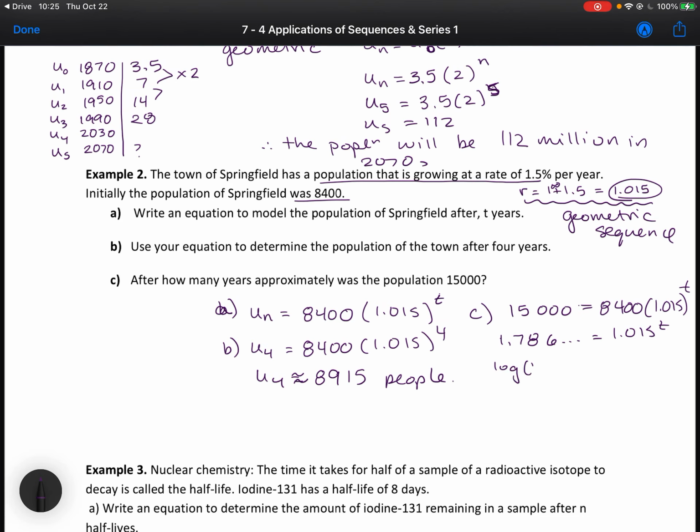Now I'm going to take the log of both sides, which is going to allow me to bring that exponent down in front. So when I divide both sides, the log of my 1.786 number divided by the log of 1.015, that's going to give me approximately 38.9 years. So we can round that to approximately 39 years it took the population to get to 15,000.